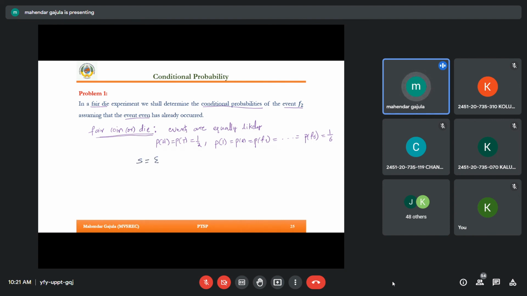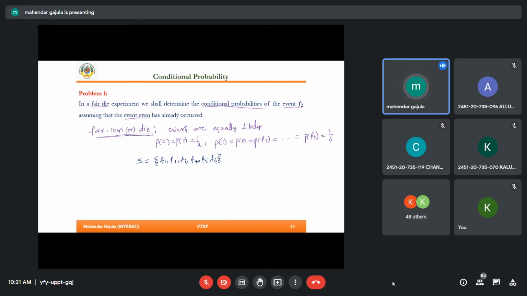Can someone tell me what is the sample space for a die experiment? Sir, for every experiment, sample space is 1. Probability is 1. I'm asking the sample space. Probability of sample space is always 1 for every experiment.